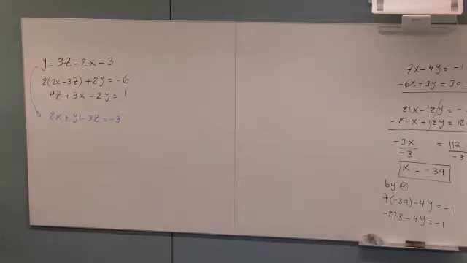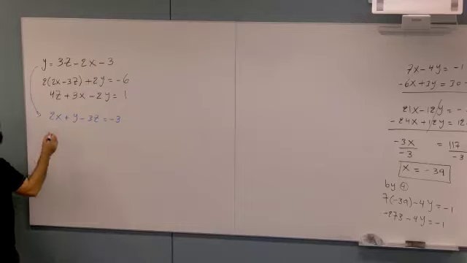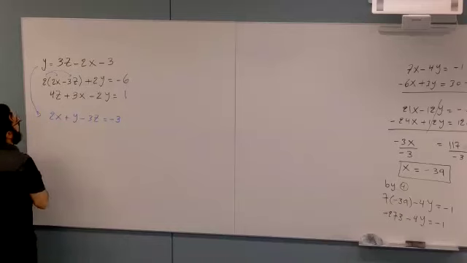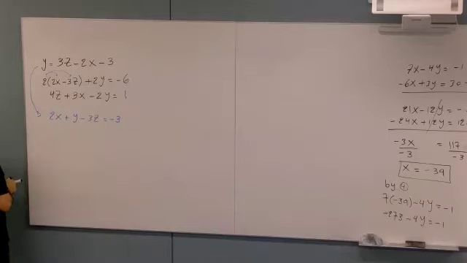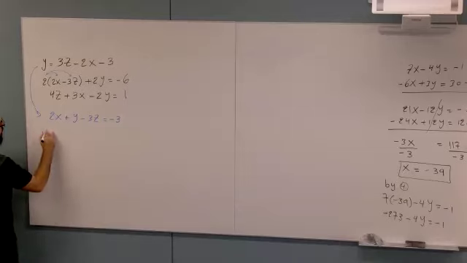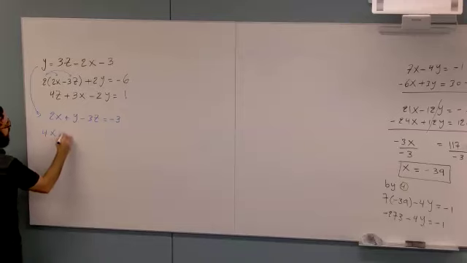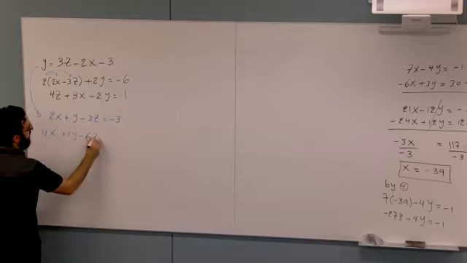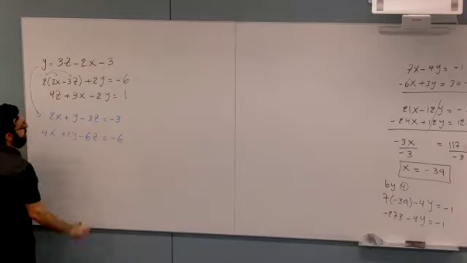What about the second one? The second one, you have to distribute. So it's going to be 4x plus 2y minus 6z equal negative 6. Is that right?